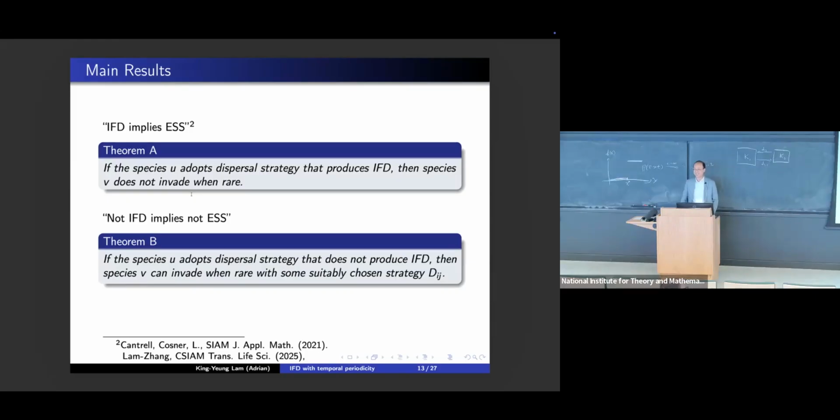One can show that if a resident species attains the IFD, then it is non-invadable by non-IFD species. And the flip side: if a resident species is not IFD, then you can introduce a rare mutant with a suitable dispersal strategy to invade and destabilize it. So invadability holds if and only if it is not IFD.